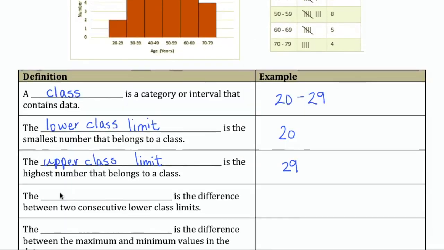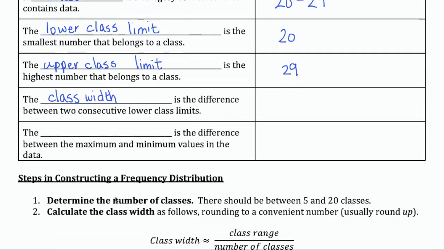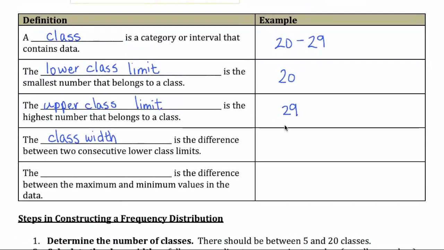The class width is what we call the difference between two consecutive lower class limits. So in this case, you have to have two consecutive, one after the other, classes. So for instance, 20 to 29 is a class, and the next consecutive class would be 30 to 39.